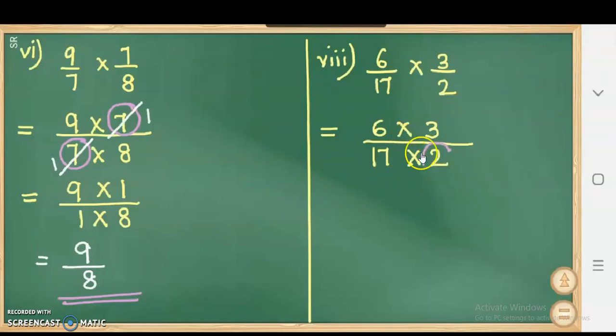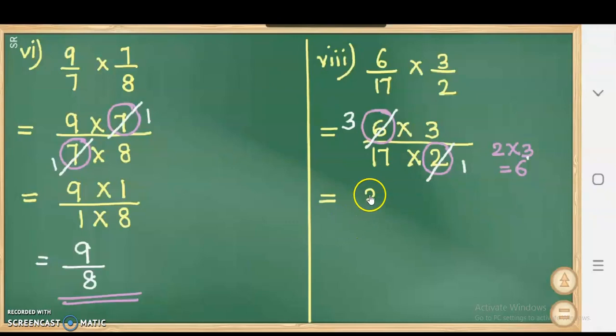You can see 2 and 6 are multiples of each other. So 2 and 6, they come in which table? Table of 2. You know that 2 3s are 6, so I am going to cancel 2 and 6. 2 1s are 2. 2 how many times 6? 2 3s are 6, so I am writing 3 over here.